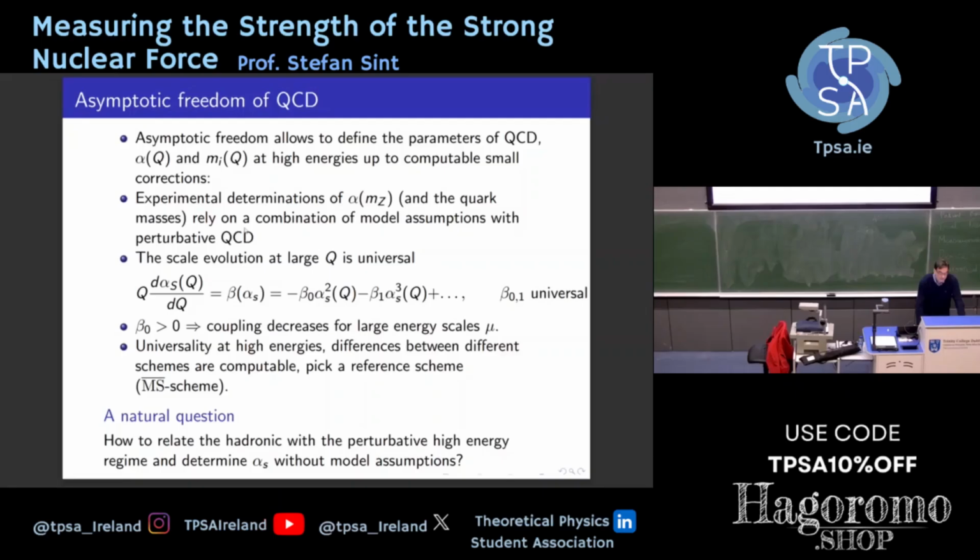So asymptotic freedom of QCD actually allows us to at least get a theoretical definition of what the coupling alpha and the masses of quarks mean. I will explain that in a little bit more detail. I have said that there are these model assumptions in perturbative QCD.